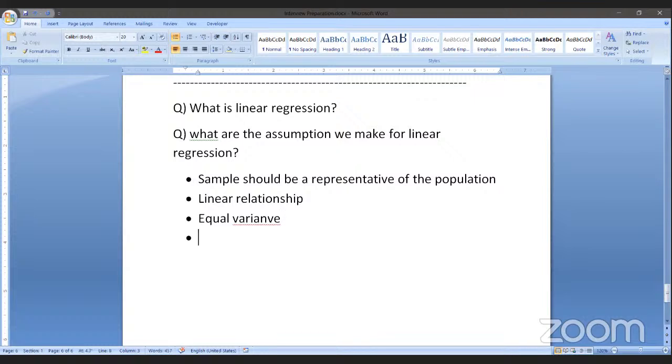All the variables should be independent. Power basically has mentioned all the assumptions, and it should be normally distributed.